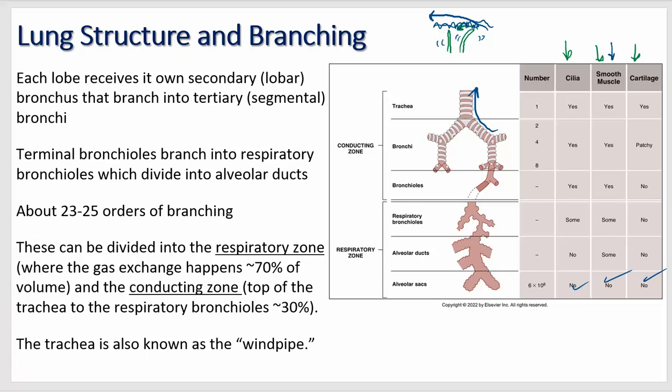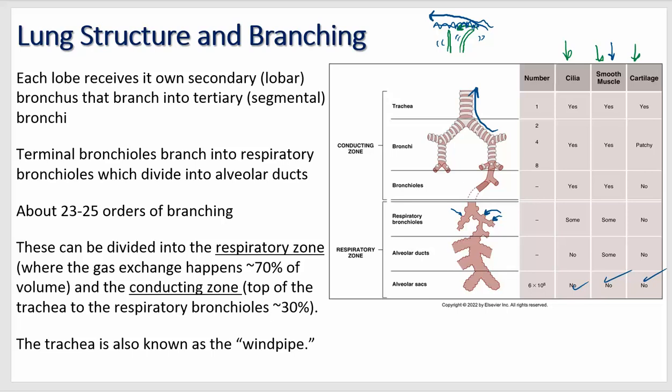So terminal bronchioles branch into respiratory bronchioles, which divide into alveolar sacs, or alveolar ducts. We can see some of these little bumps here that are capable of respiration, but really it's the alveoli that are doing most of it. There are about 23 to 25 orders of branching, depending on what you read, and it can be divided into the respiratory zone, and that's where gas exchange takes place.